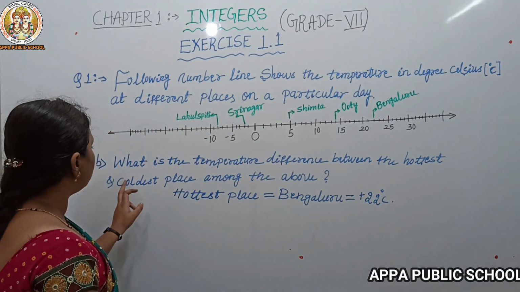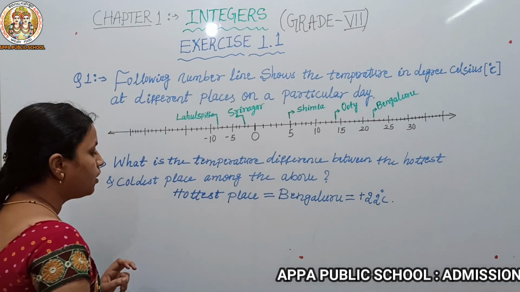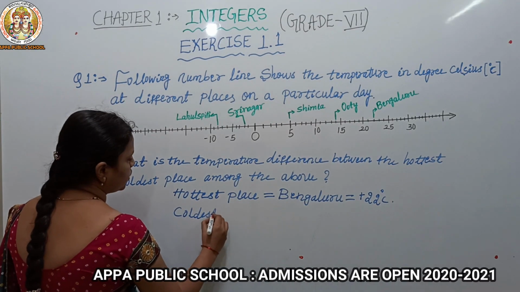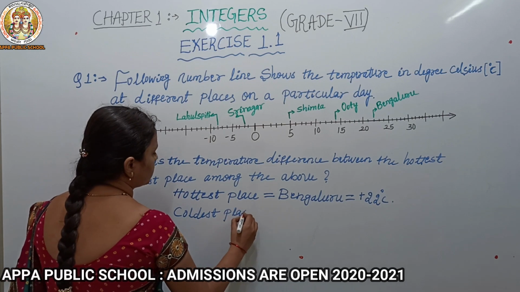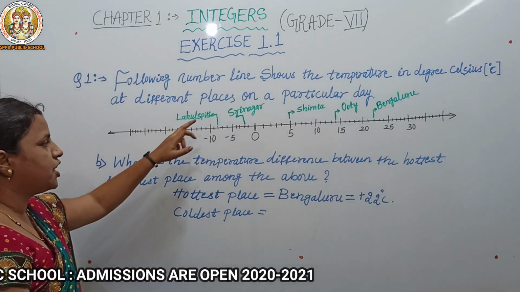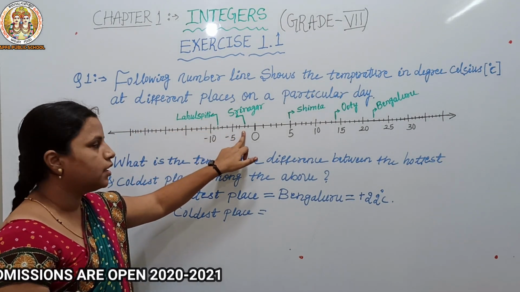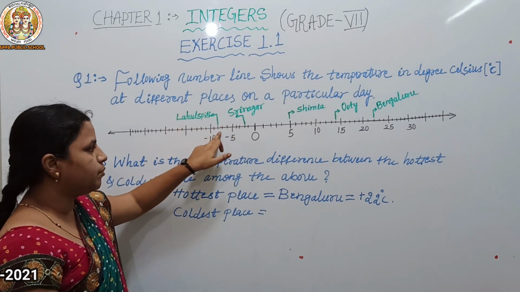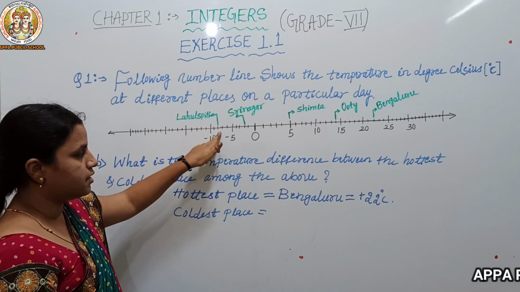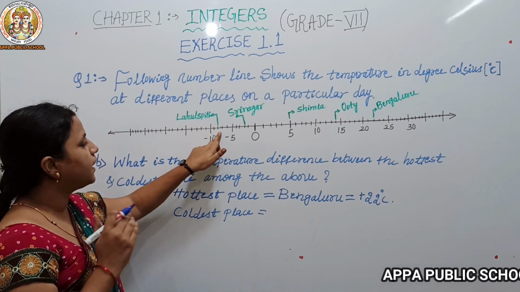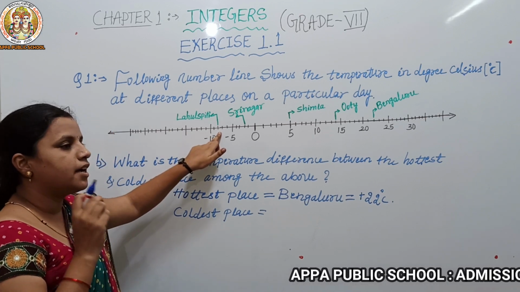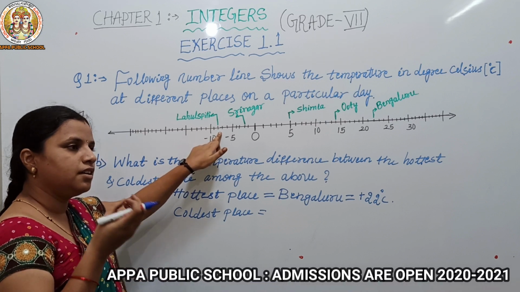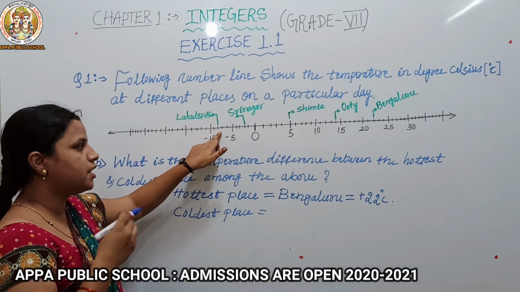And now, the coldest place. Which is the coldest place? See here, Srinagar is at a temperature of -2 degrees Celsius, whereas Lahaul Spiti is at a temperature of -8 degrees Celsius. As I told you, in negative numbers, the highest number becomes the least and the least becomes the greater.